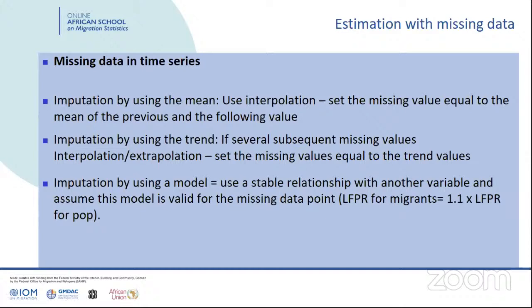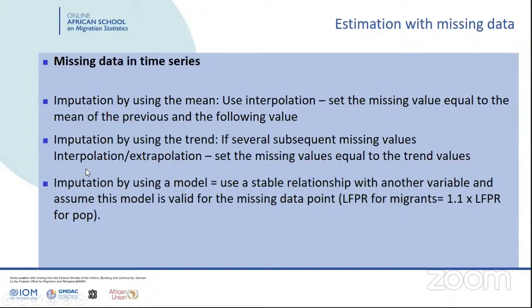If for a certain country, for a certain variable, we have values except for 1 year, let's say 2014, what we can do is to find the average between the value for 2013 and the value for 2015, and we impute that value into this empty cell.